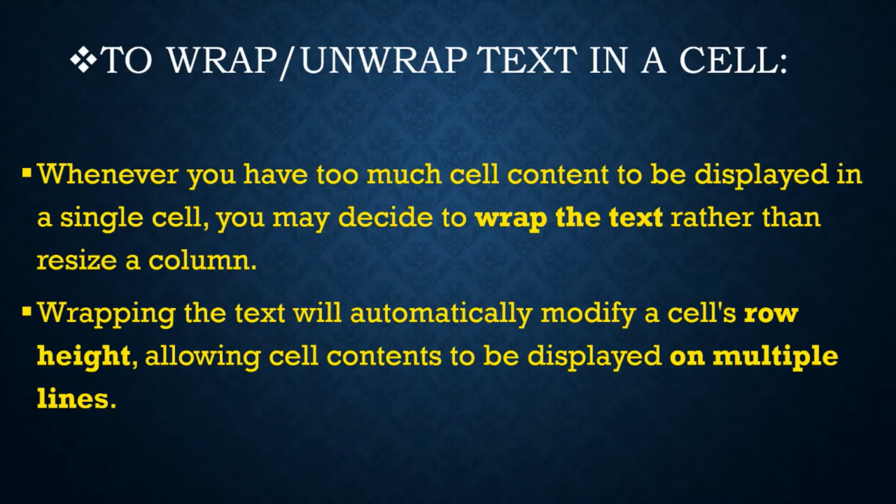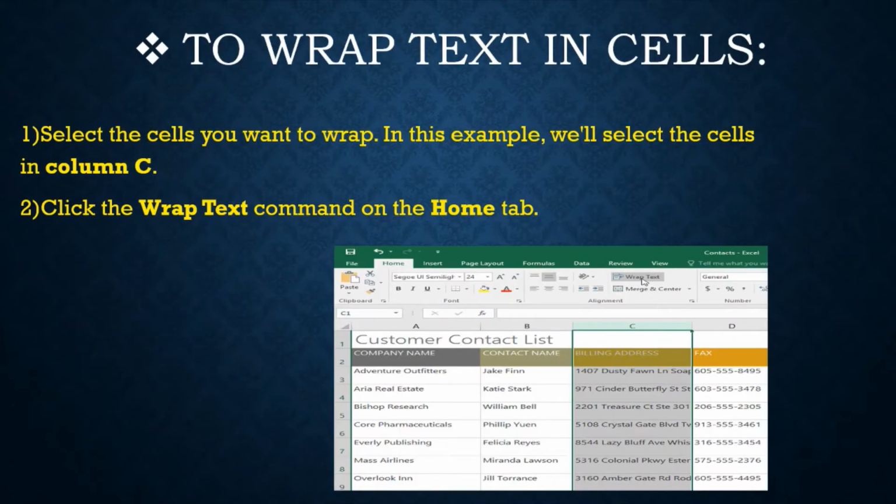Wrapping the text will automatically modify a cell's row height, allowing cell contents to be displayed on multiple lines. So that means whenever you have too much cell content in a single cell, you can wrap the text. Now let's see what are the steps to wrap a text in a cell.